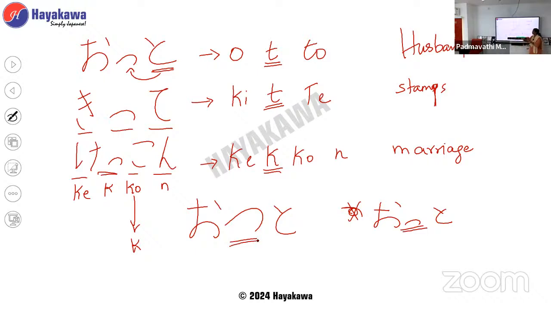When it is normal, similar to other hiragana, you will read it as su, right? But when it is lowered down like that, you will proceed with the tipping sound. This will be the rule. Right. So with this, full hiragana is over. So you must be able to read any word which is in hiragana.